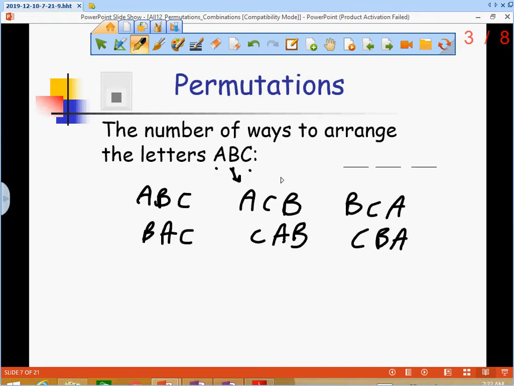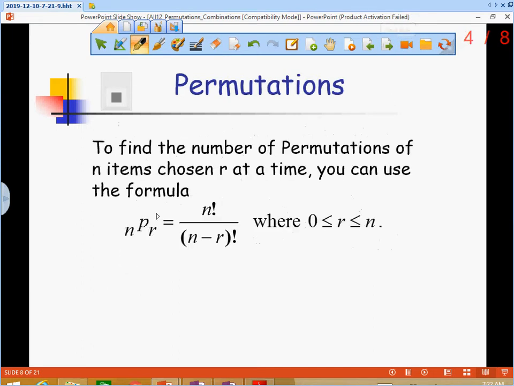So permutation generally is choosing items R from N. Or we can say that NPR means the number of permutations of N things taken R at a time.